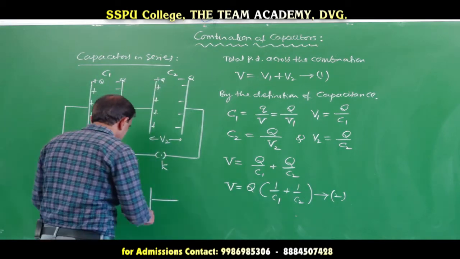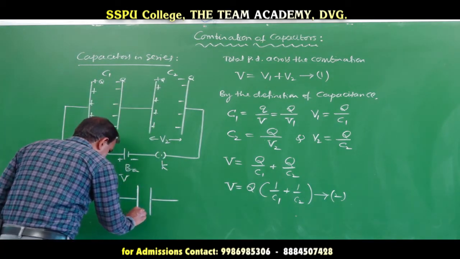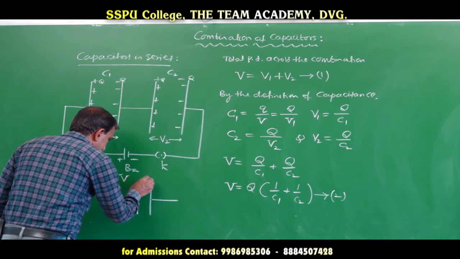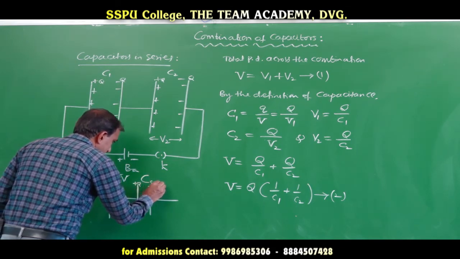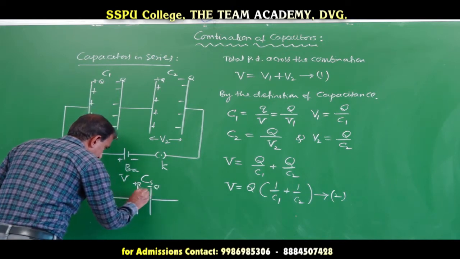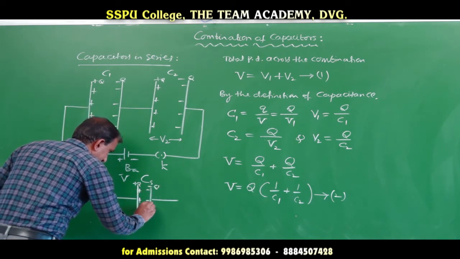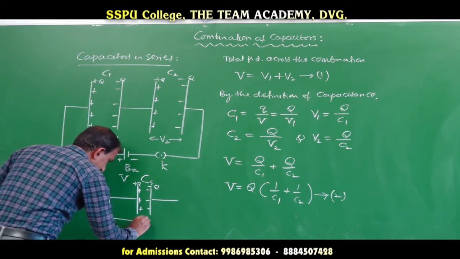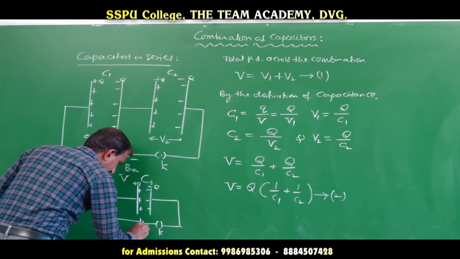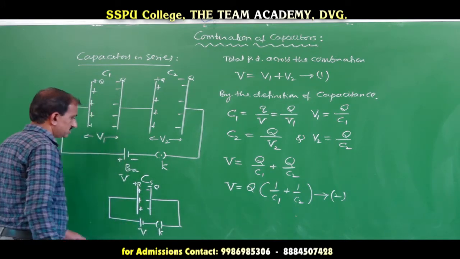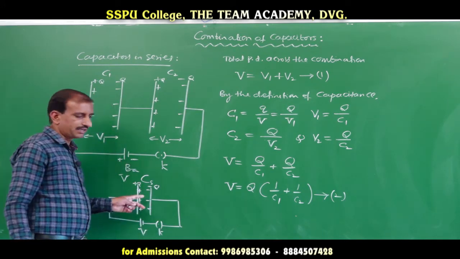Therefore, it is called the effective capacitor. The effective capacitance of this capacitor is Cs. This is plus Q and this is minus Q. These are the positive charges, these are the negative charges. This is the potential difference V across the capacitor.